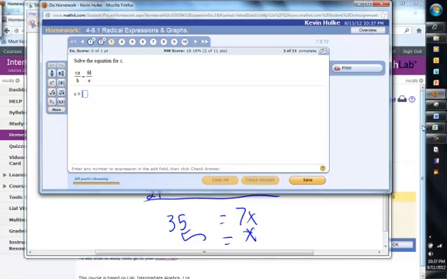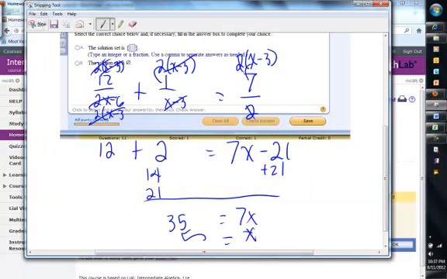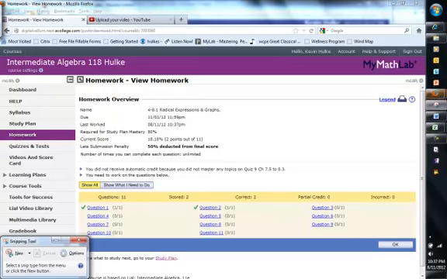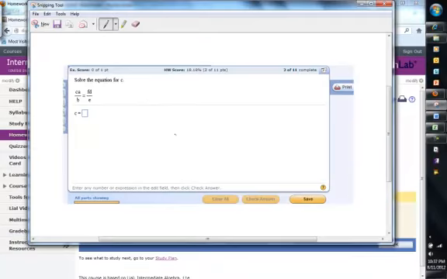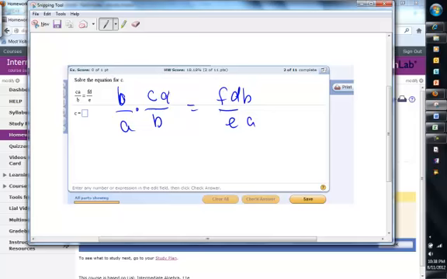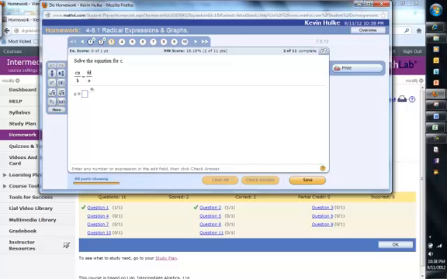Number 3. Solve it for C. We have CA over B equals FD over E. Multiply both sides by B over A. And they cancel, so C equals BDF over EA.